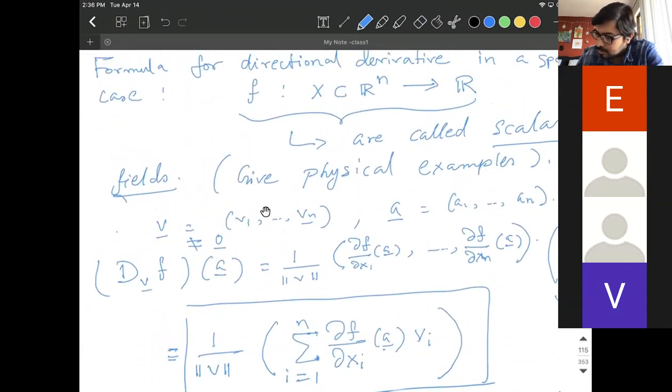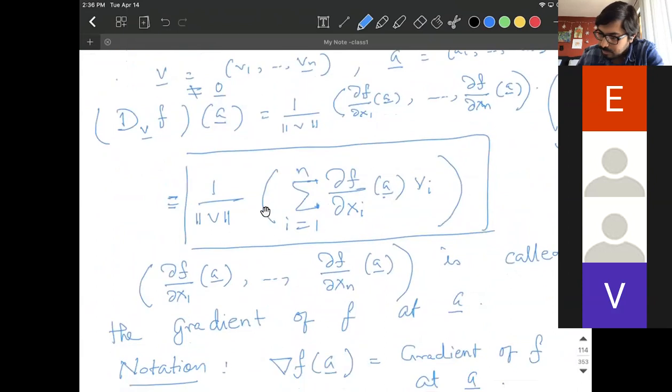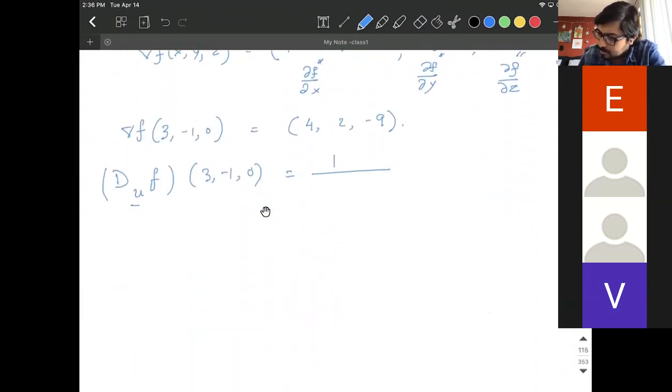In this formula the direction was given by v anyway. So this is the norm of u, which is simply the square root of 1 square plus 4 square plus 2 square. And then you take the dot product of this gradient with the vector. So 4, 2, minus 9, dot 1, 4, 2.